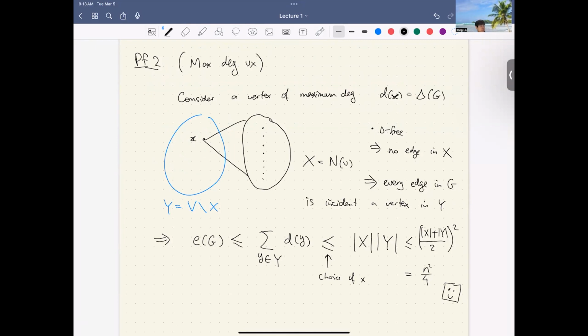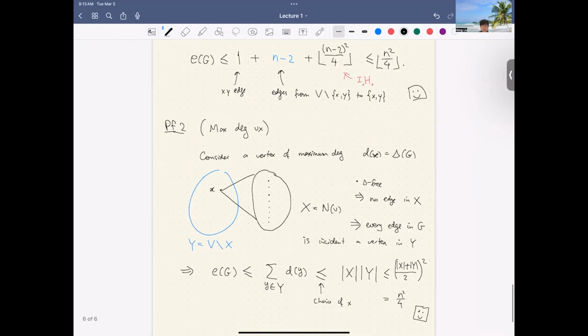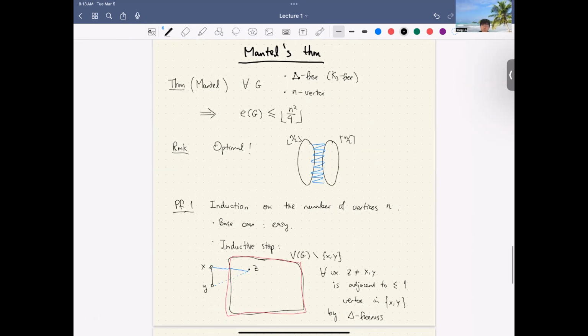Any questions so far? If there's no question, I have questions for you. So this is actually not everything of Mantel's theorem. Remember, what we did is we proved that every triangle free graph on n vertices must have at most this number of edges.